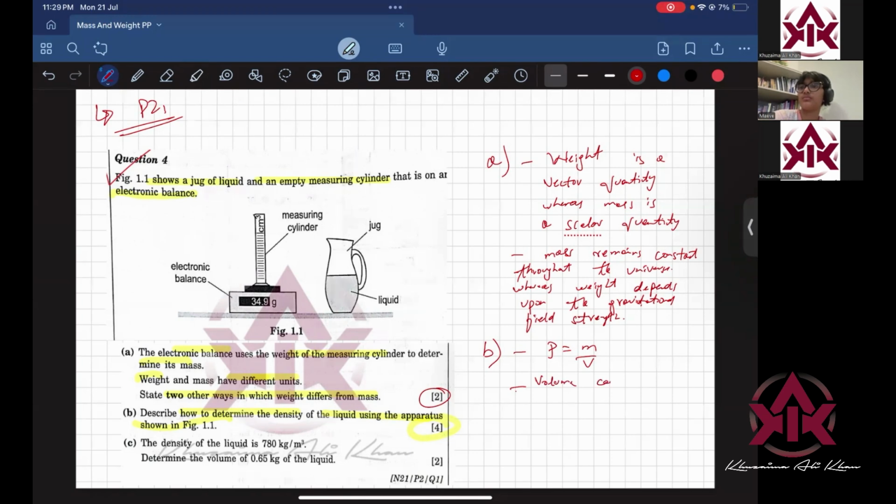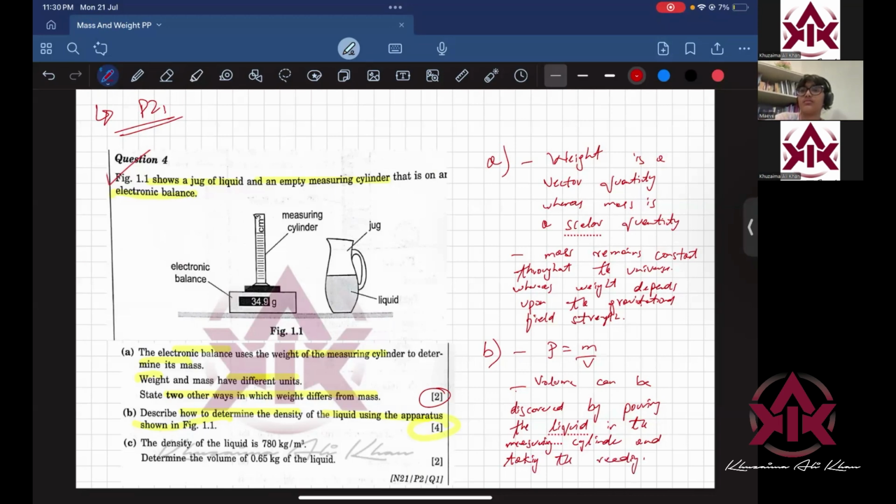Volume can be discovered by pouring the liquid in the measuring cylinder and taking the reading.